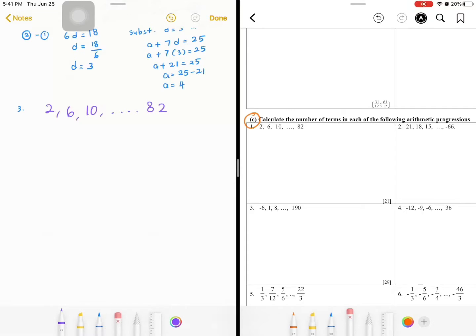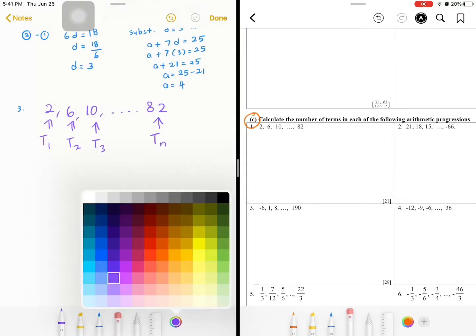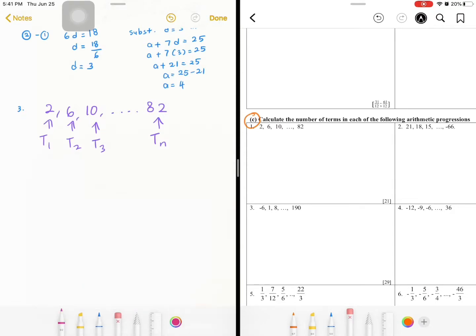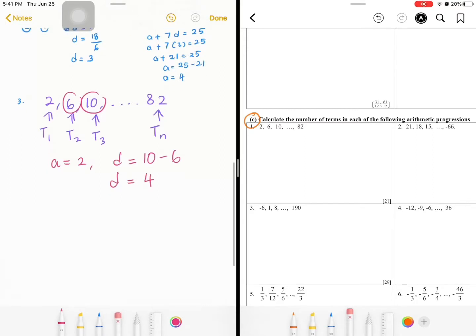Now we know that this is the first term, this is our second term, this is our third term, and we don't know what term this is, and we just denote it as Tn. Term with n number, it's situated at n position. So because we know our A is equal to 2 and our D is equal to 10 minus 6, so D is equal to 4. Then we know our Tn is equal to 82.